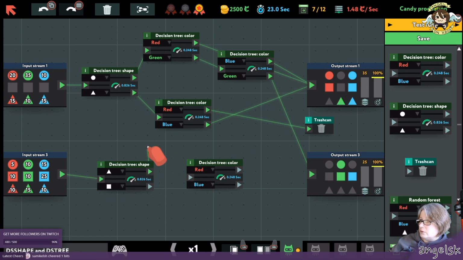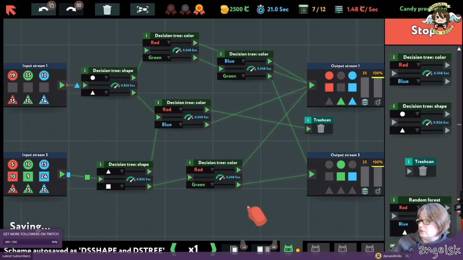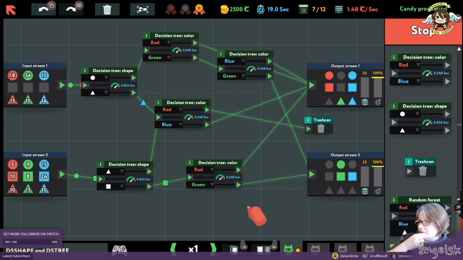Oops. Triangle goes into that one, and then squares. Green. Blue. Okay, let's do a test run because I think I've missed a filter and there's some circles going kaplooey somewhere.